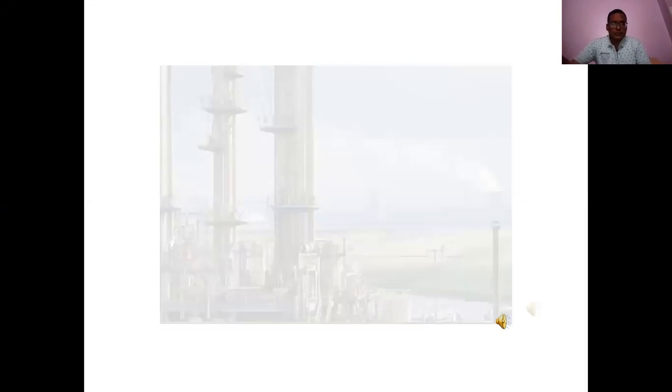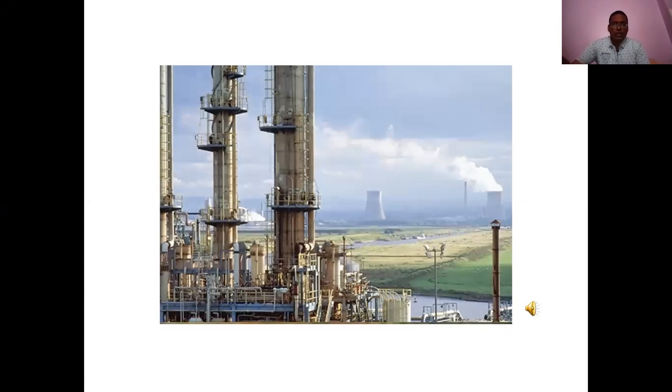Now, if you see this figure, here is the tall vertical column, and this column is attached with different pipes, different instruments, different inlet, outlet, side streams, vent, drain, then the ladder, platform, the side supporting platforms.